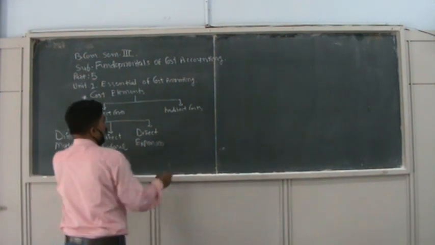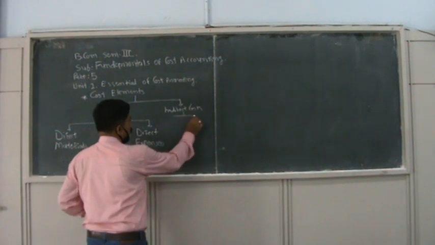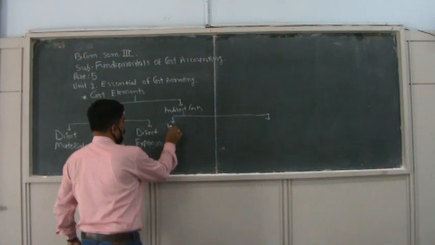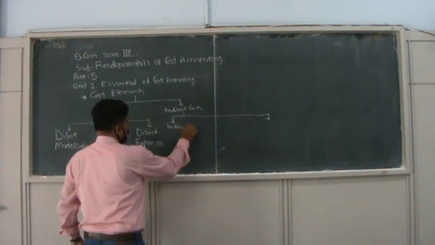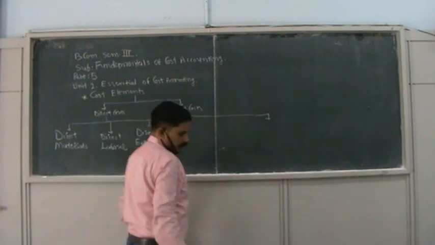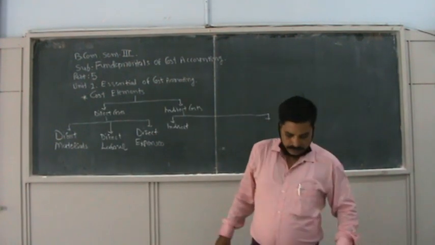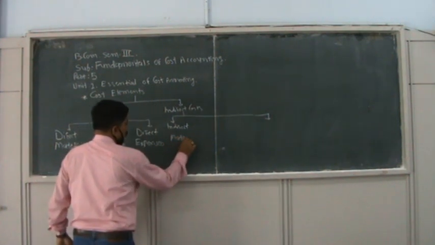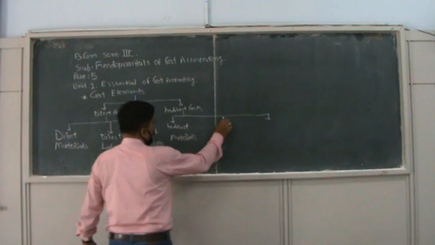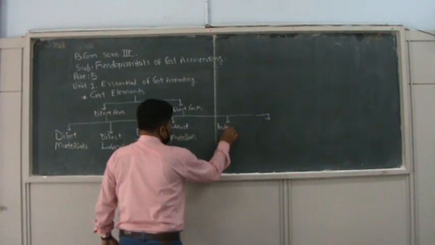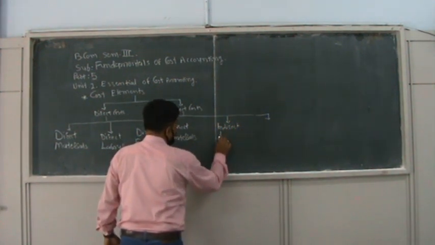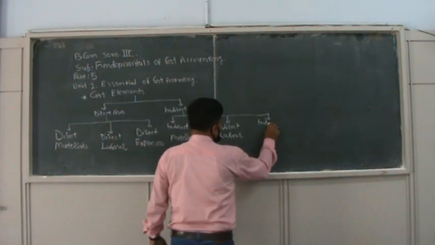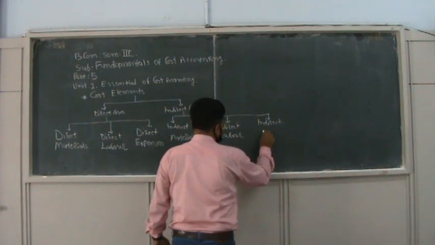In the same way, indirect cost is also divided into three parts: indirect materials, indirect labor, and indirect expenses.